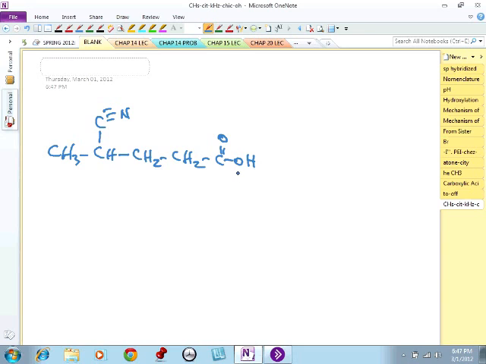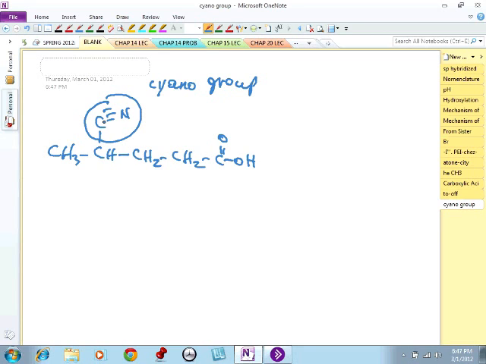To name this, you have to name this as a carboxylic acid. The carboxylic acid takes preference. In that case, this group here becomes a substituent. That becomes a cyano group, as we told you before, just as you have your methyl group.